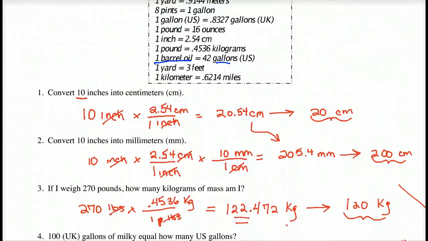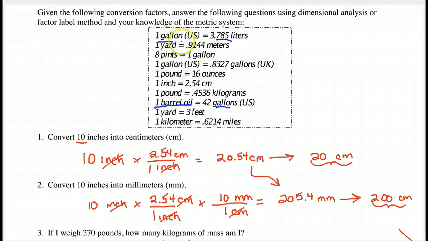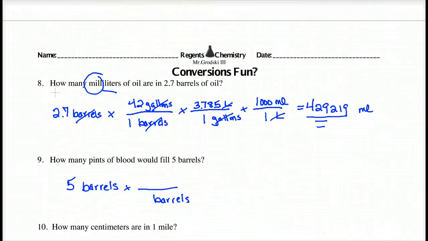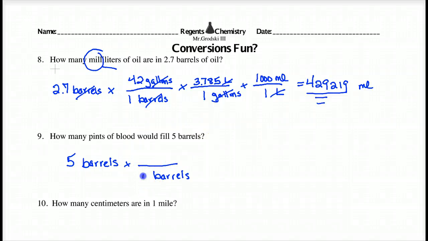I know is related to a gallon. So I've got barrels, that we just did, to gallons. Gallons go to pints. So that's a little easier one. So 1 barrel is 42 gallons, as we did above. And we know that the barrels cancel.